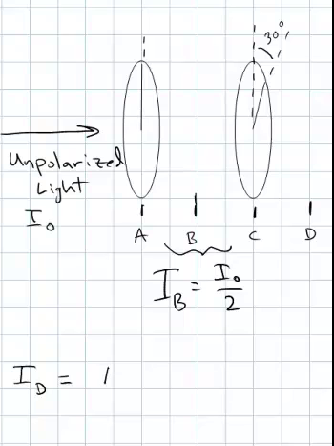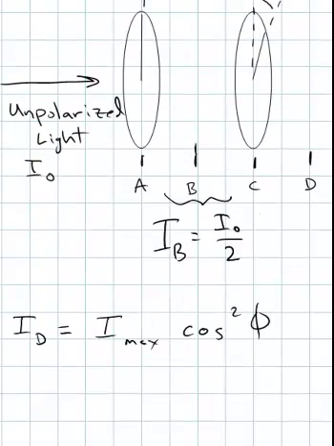And that's going to equal the intensity on the left side of the polarizer times the square of the cosine of the angle that the polarizer makes with the previous polarizer. And so what do we get? On the left side of the polarizer at position C, we have an intensity of I naught over 2.